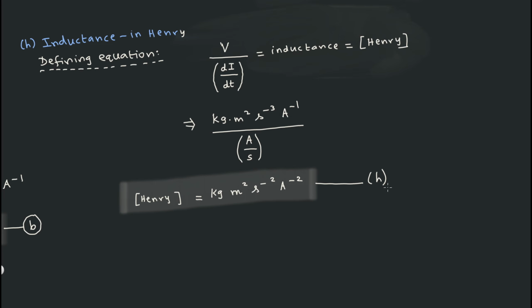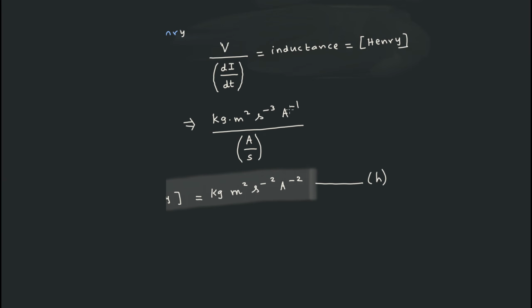You have seen that nothing is complicated here. Hardly 2 or 3 steps are needed for the calculation. The most important thing to remember is that the defining equation is the most important thing. You should know how a particular physical quantity is defined, and therefore remember that the definition is very, very important. If the defining equation is not known to you, you can't do this particular decomposition.